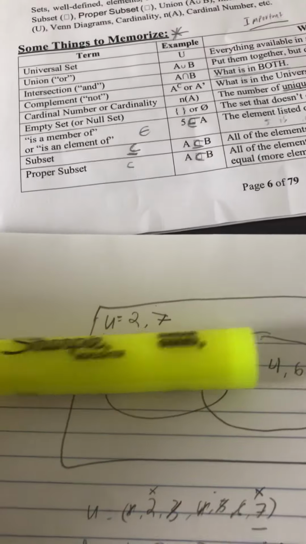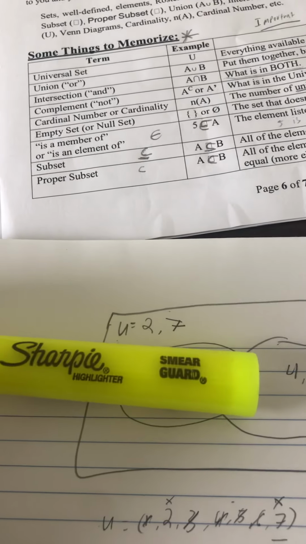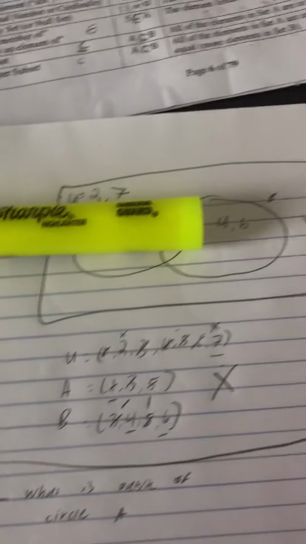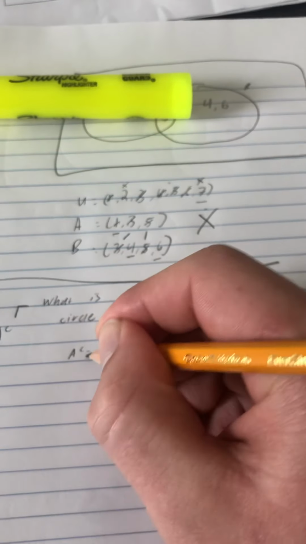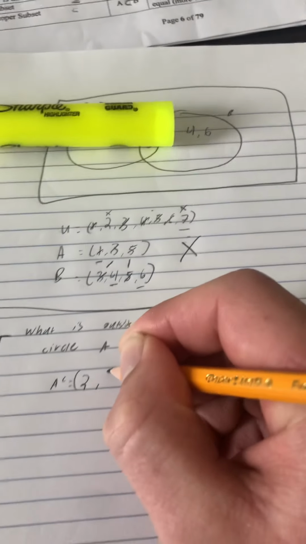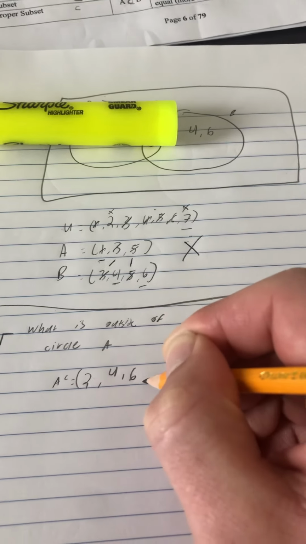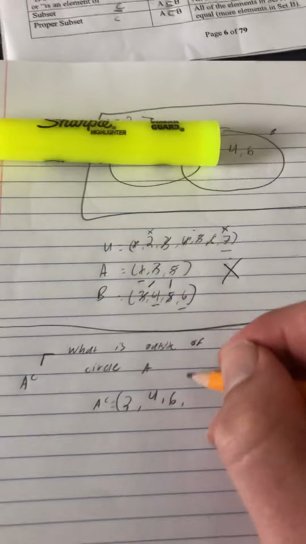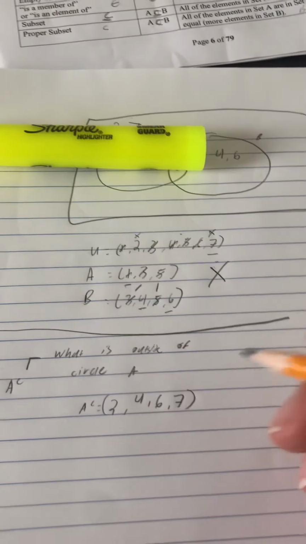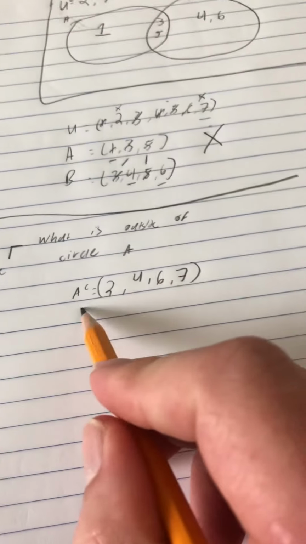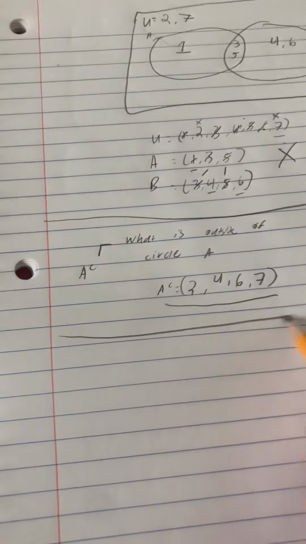It's important that you cover up that middle part because it is a part of circle A. So what is outside of circle A? 2, 4, 6, and up here, 7. Now we can uncover it, and that is our answer for that question. It was everything outside of circle A. Let's move on to the next question.